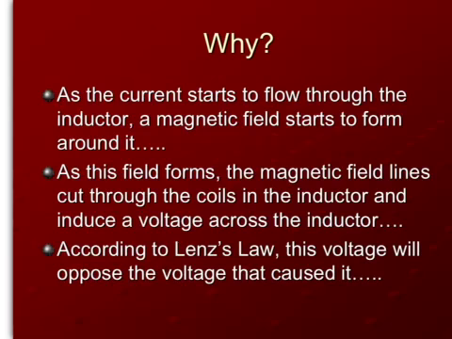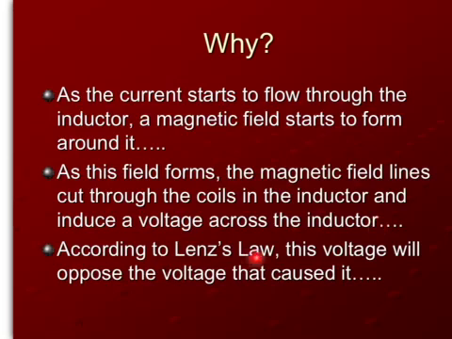Now we'll look at why an inductor behaves the way it does. As the current starts to flow through the inductor, a magnetic field starts to form around it. As this field forms, the magnetic field lines cut through the coils in the inductor and induce a voltage across the inductor.